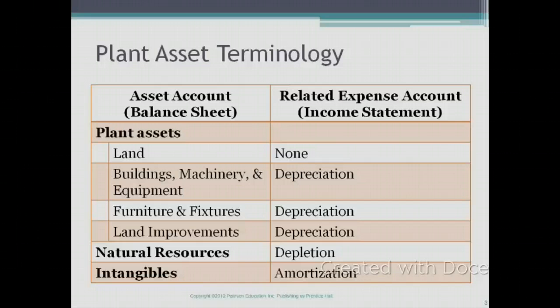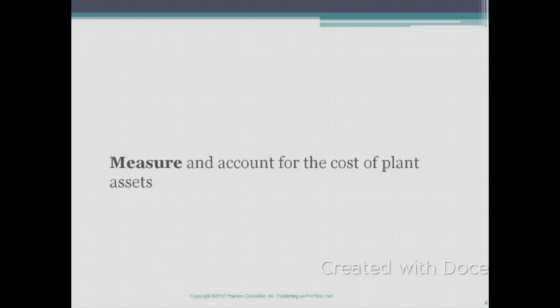One important thing about intangible assets is that if a product or a method is developed in-house, you cannot put a value to that and call it an intangible on your balance sheet. Intangibles can only get on your balance sheet if you purchase them. Next, take a look at how to measure and account for the cost of a plant asset.